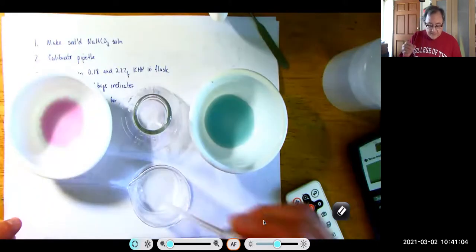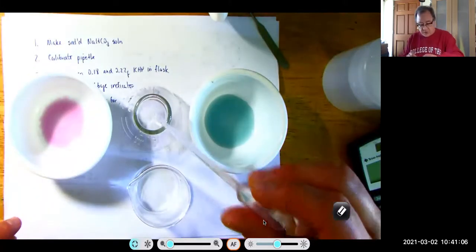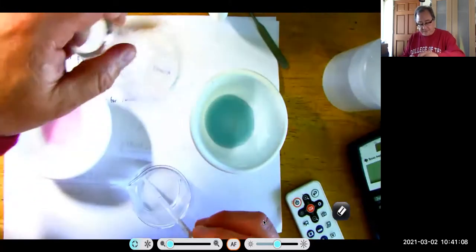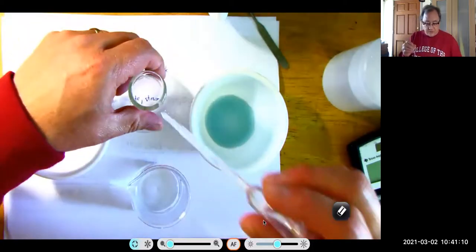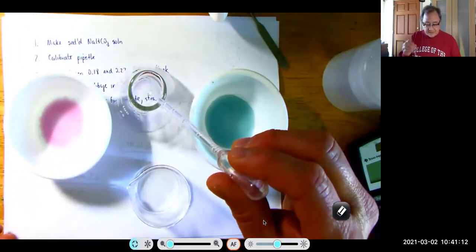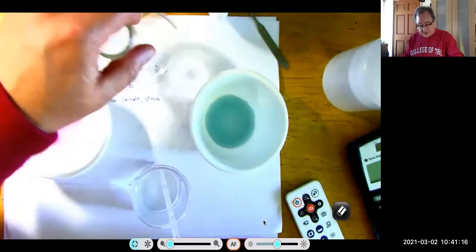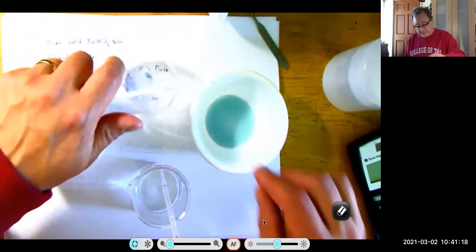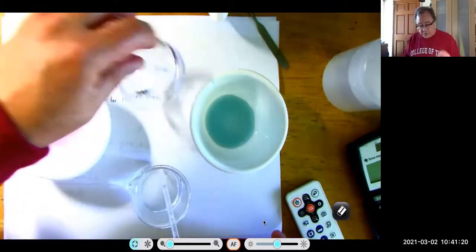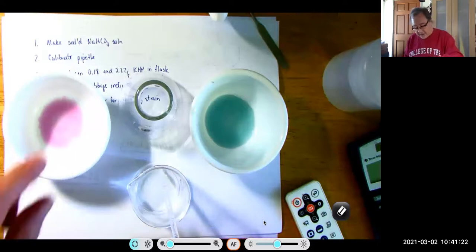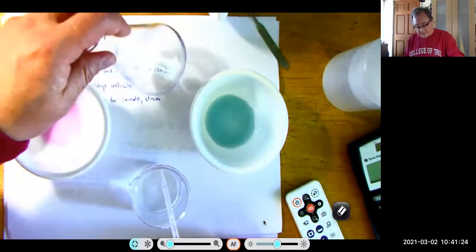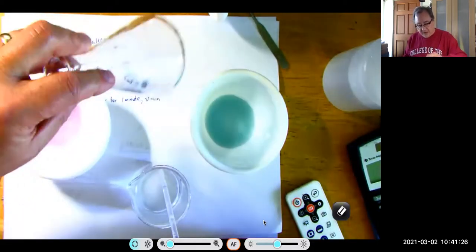So remember, we're going to add dropwise and swirl. And what you want to do is you want to be able to see a color change where it goes from this kind of purplish color to this blue color with the addition of 1 drop of sodium bicarbonate solution.